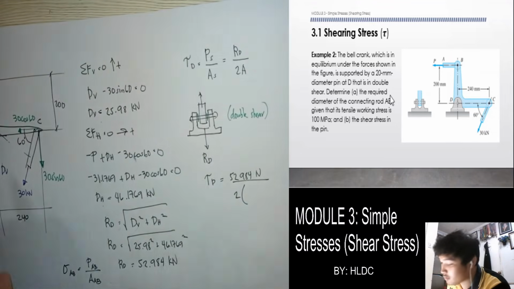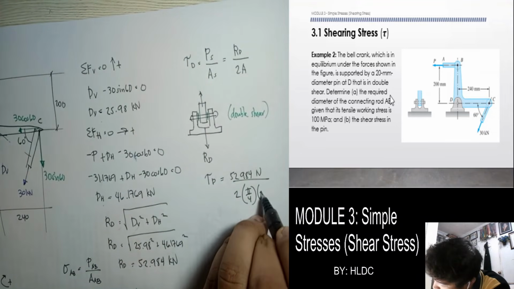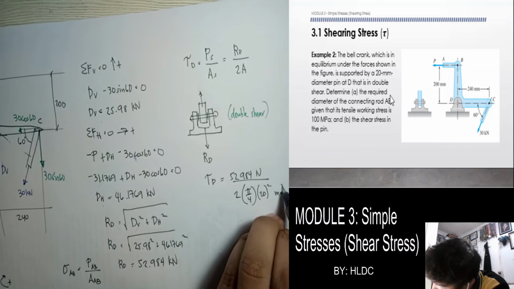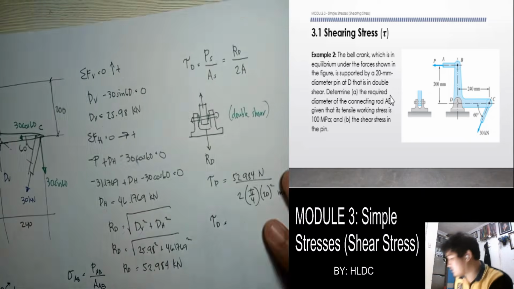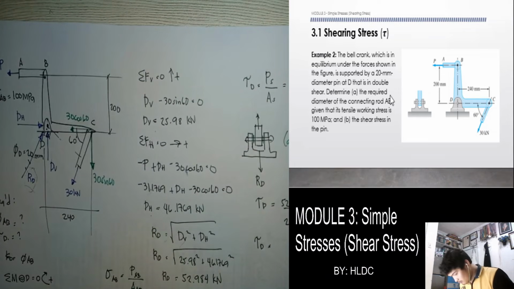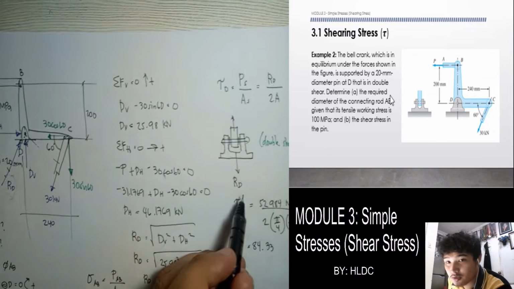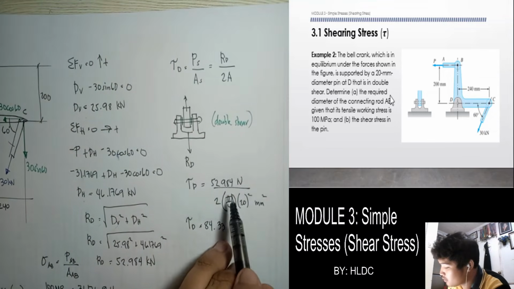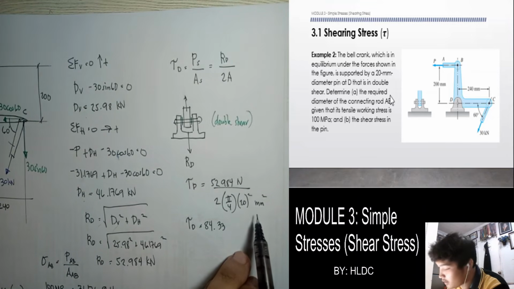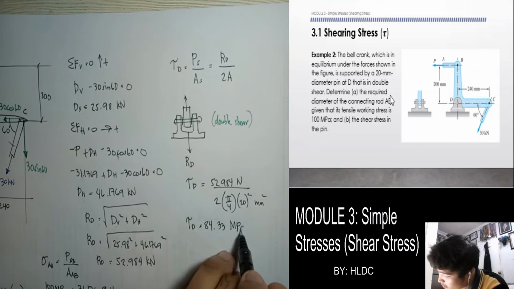So given diameter is 20, so that is pi over 4 times 20 squared, and then unit is mm squared. So now shear stress at D equals, so sagot is 84.33. Unit is Newton over mm squared, so that is MPa.